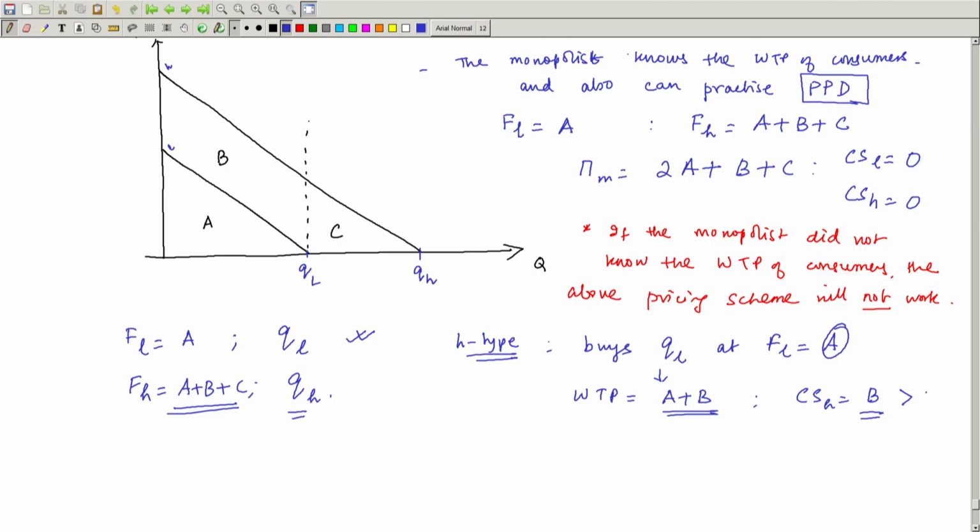Now, clearly B is greater than 0. So, the H type consumer also will end up buying the contract which is designed for the L type, right.